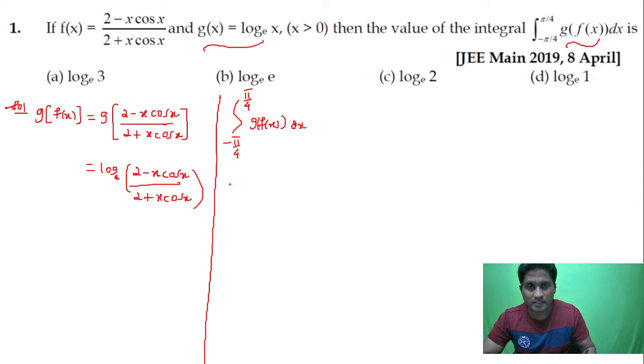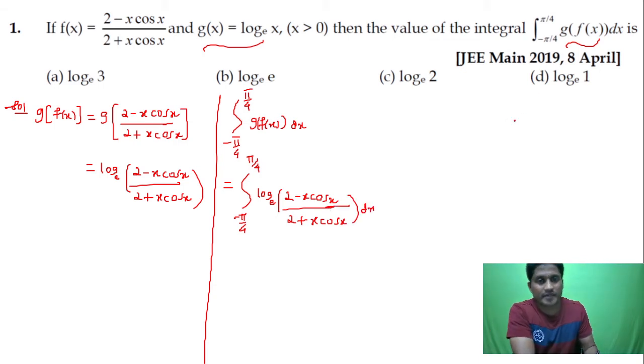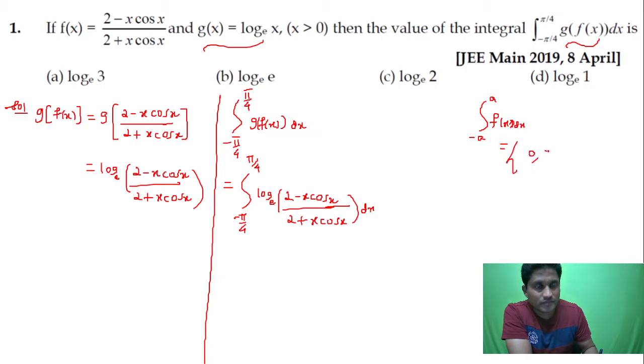This can be written as the integral from minus pi by 4 to plus pi by 4 of log of (2 minus x cos x) upon (2 plus x cos x) dx. Right, now we have a property, right? When you have the integral from minus a to plus a of f of x dx, it will be equal to 0 if f of x is odd.